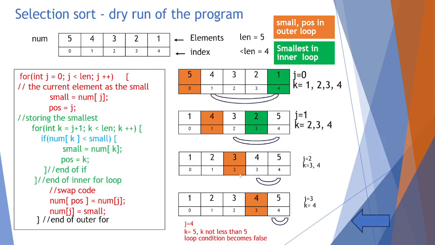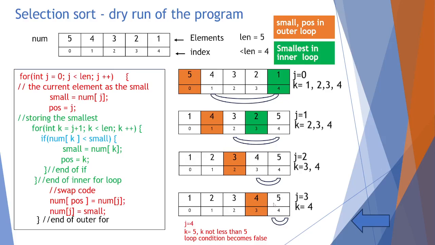When j is 2 index, k starts searching for the smallest from 3, 4 only. Number of iterations are getting reduced. When j is 3 index, k searches only over here.